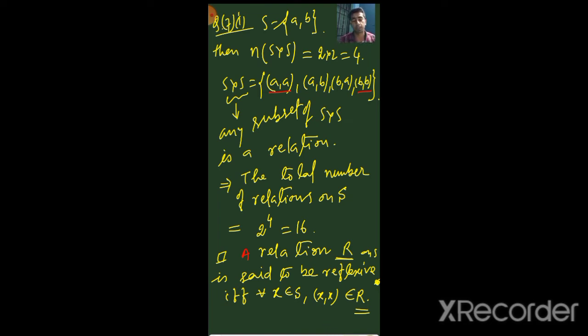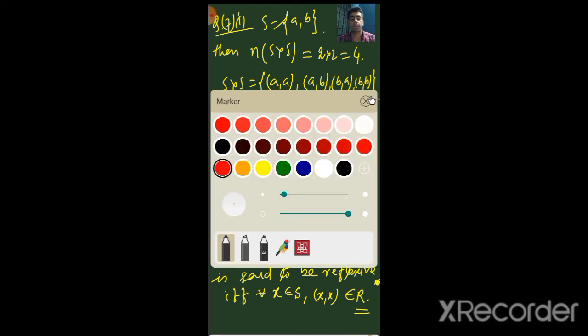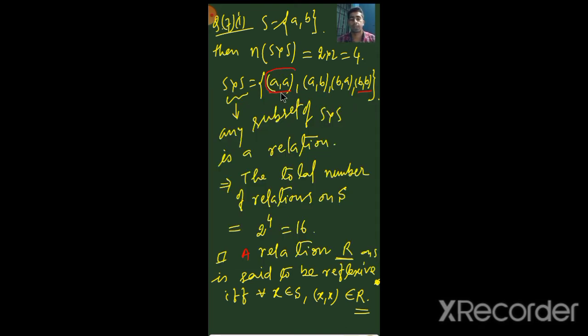To find this, we will consider these two elements as a single element, and subtract these two elements from the elements of S cross S. S cross S has 4 elements. If we subtract these two elements, then S cross S will have only 2 elements.